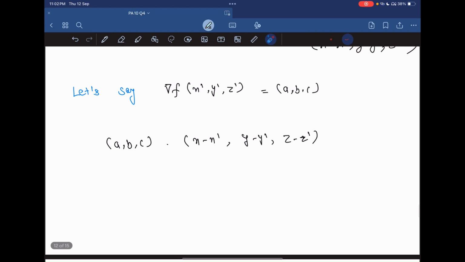Notice here that x dash, y dash and z dash is one fixed point while our variables are x, y and z.